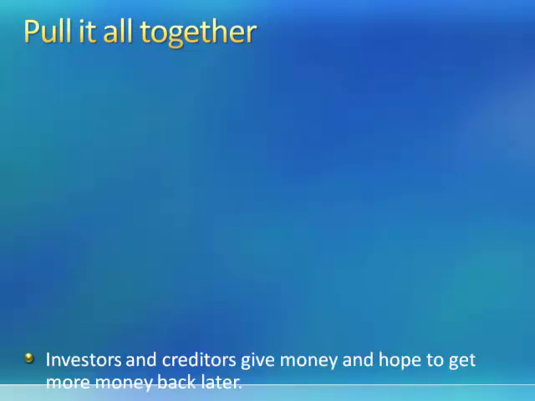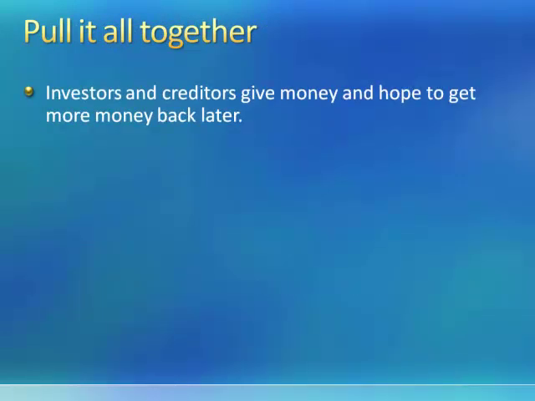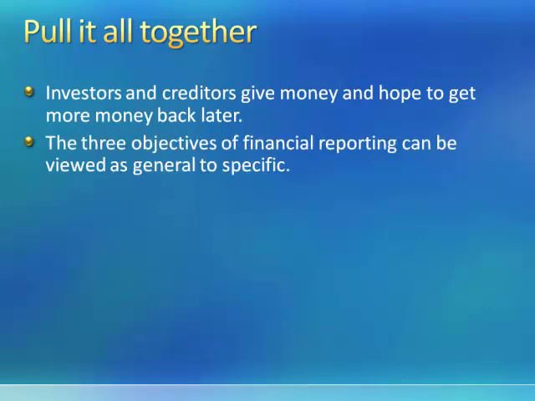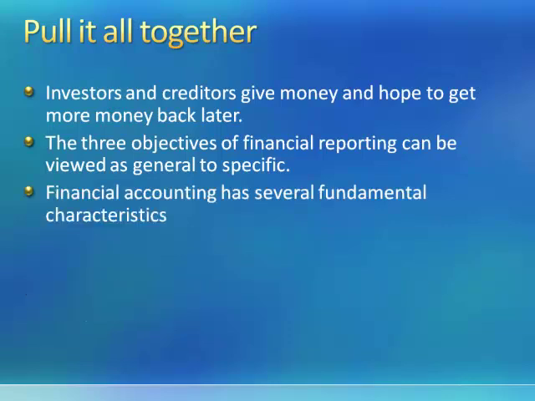So let's review. Investors and creditors give money and hope to get more money back later. The three objectives of financial reporting can be viewed as general to specific. Financial accounting has several fundamental characteristics.